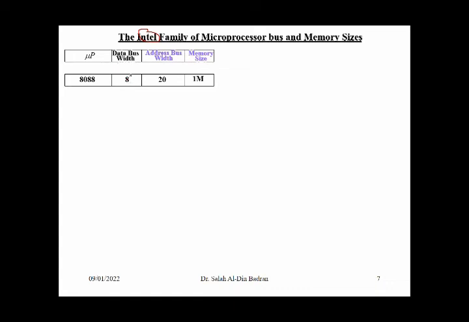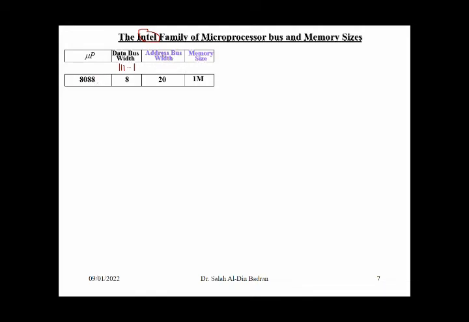It means we are allowed to send data with size 8 bits only. So width or size 8 bits means 8 wires: 1, 2, 3, 4, 5, 6, 7, 8. Each of them carries either 1 or 0. So we have a set of 8 bits for the data bus for this Intel microprocessor 8088.